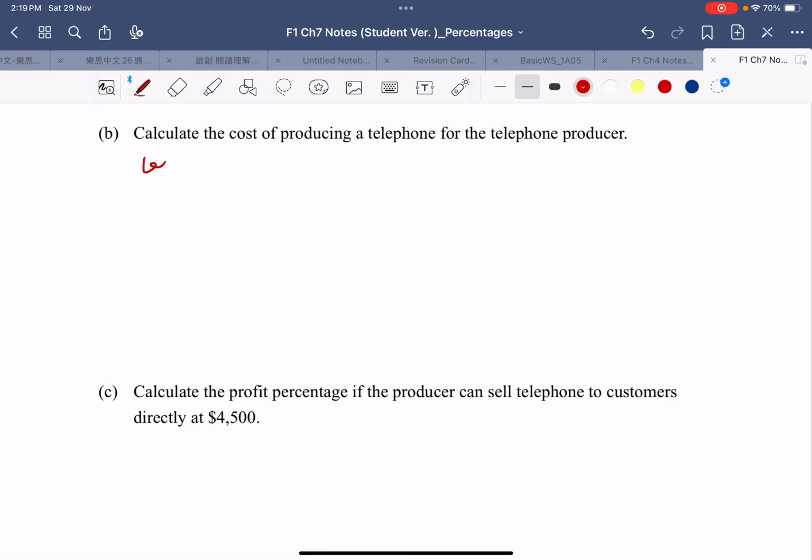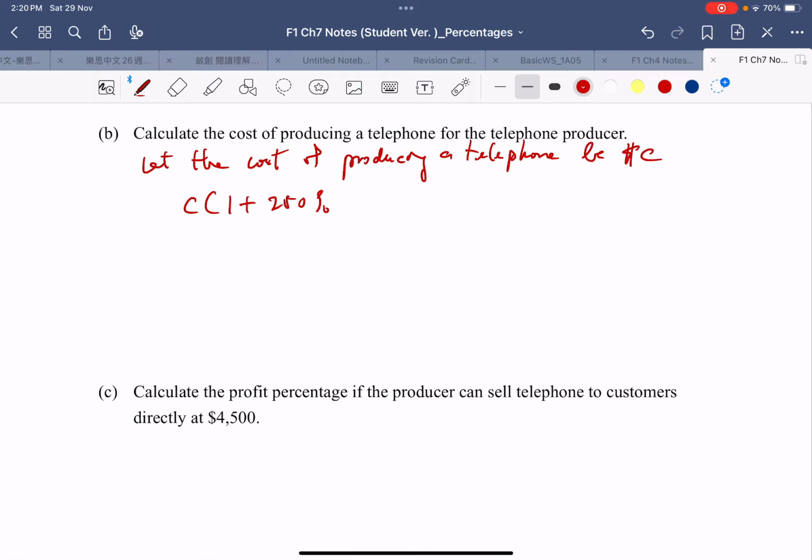Now you let the cost of producing a telephone for the telephone producer be amount C times 1 plus 250%, this time equal to 4200.